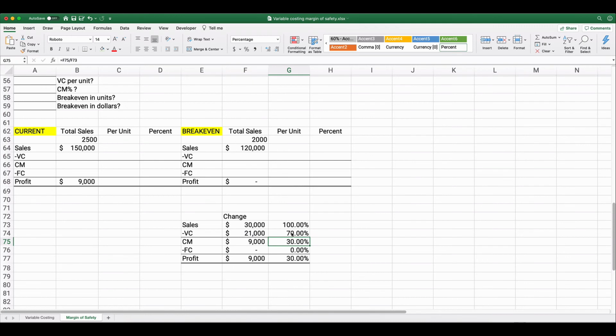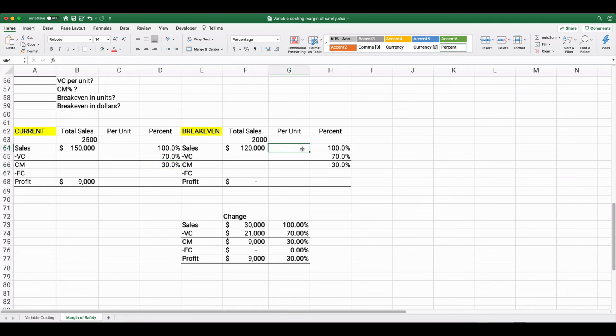That's 70%. So here's what we know. We know that this is 100%, this is 70%, this is 30%. And we don't know the fixed cost, but the fixed cost will be the same under both assumptions.